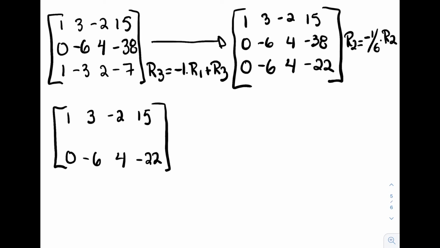And then go ahead and apply the row 2 row operation. So we're going to have 0, positive 1, negative 4 thirds, and 19 thirds.